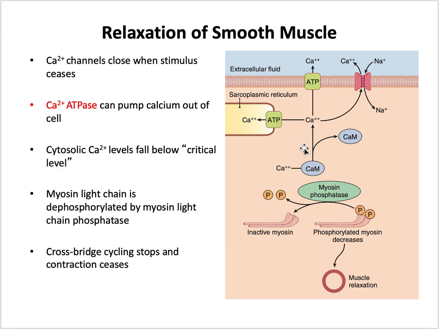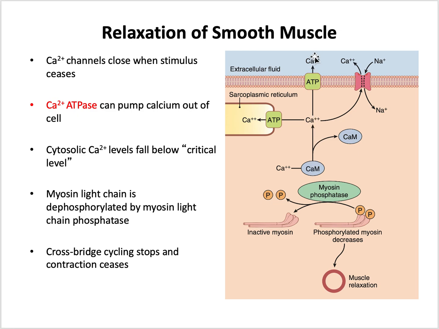And then at the same time, we have some calcium ATPases that are going to be active. You have ATPases in the sarcoplasmic reticulum, as well as calcium ATPases in the plasma membrane. And what these do, they use ATP, so they require energy, to pump calcium out or into the sarcoplasmic reticulum away from the cytoplasm so that calcium calmodulin can no longer exert its effects on myosin light chain kinase, right?